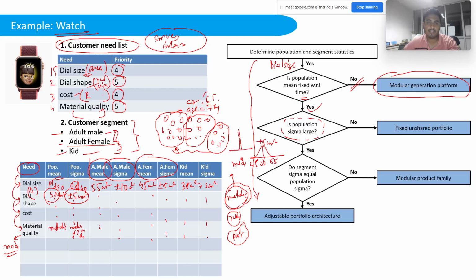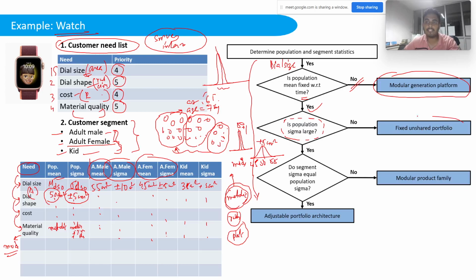If it were very narrow, that means there is no variation. For example, if the population size is 50 only or 51 only, that means your entire population needs only one particular size of dial.